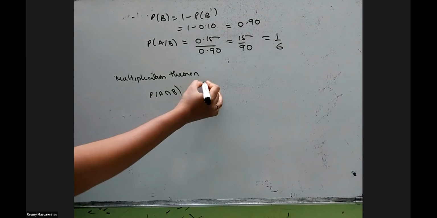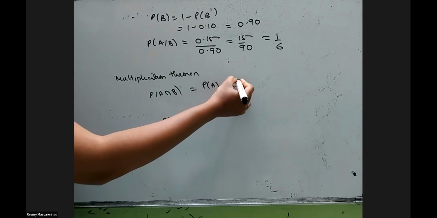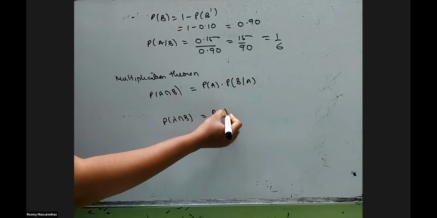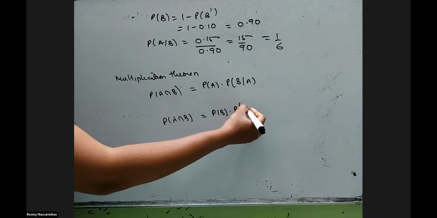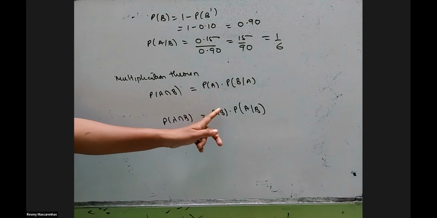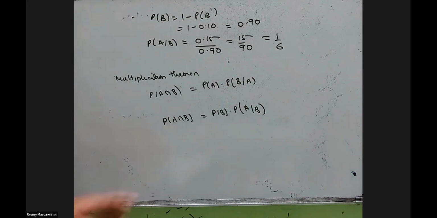If I'm using P of A here, it means I have to make it ulta. If I'm using B here, B will go here to the denominator. This is the multiplication theorem. Very simple to remember. B is here and B will go to the denominator. B and B will never come side by side.